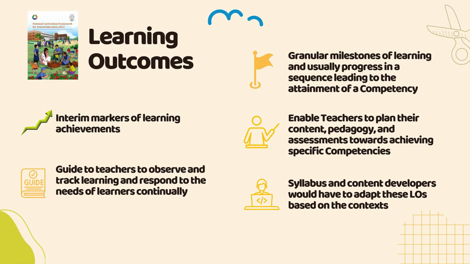Learning outcomes are granular milestones of learning and usually progress in a sequence leading to the attainment of a competency. The learning outcomes enable teachers to plan their content, pedagogy, and assessment towards achieving specific competencies. Syllabus and content developers would have to adapt these learning outcomes based on the context in which they are applicable.